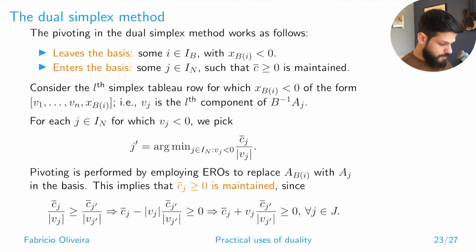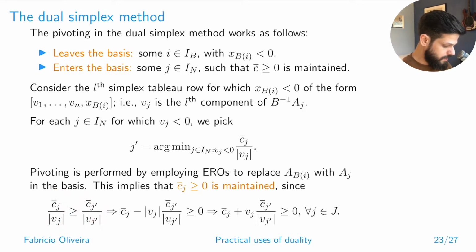And this is just showing the following. The reason why we're doing so, and why we only want the negative ones, is because we want to make sure we maintain the optimality condition, the primal optimality condition, or the dual feasibility condition of having no negative reduced costs. You can see here that the way we're doing this is such that this ratio is going to be the smallest ratio among them all.